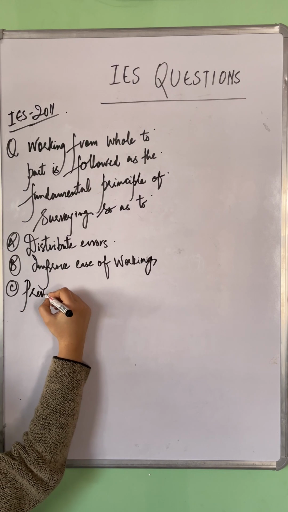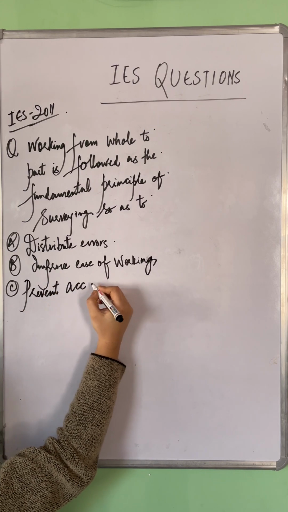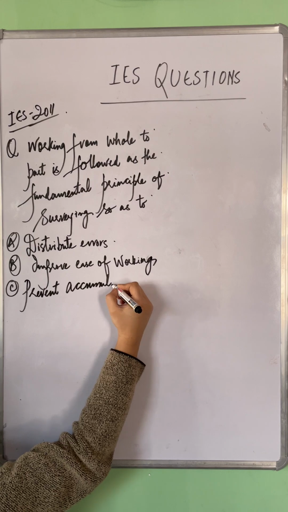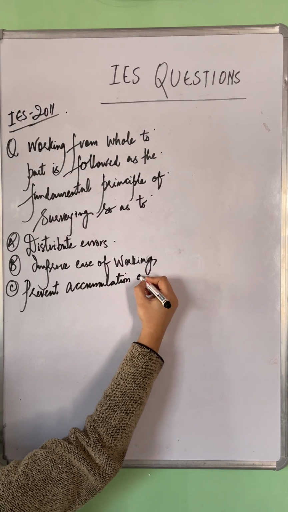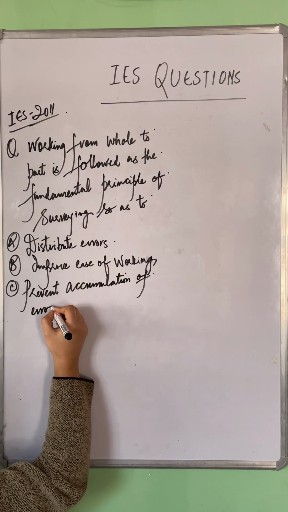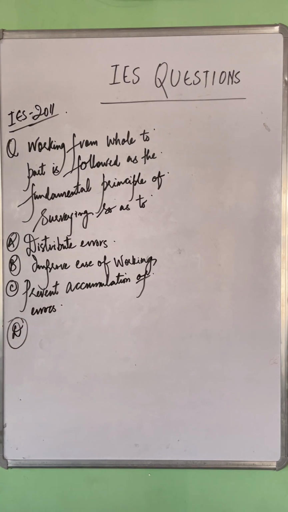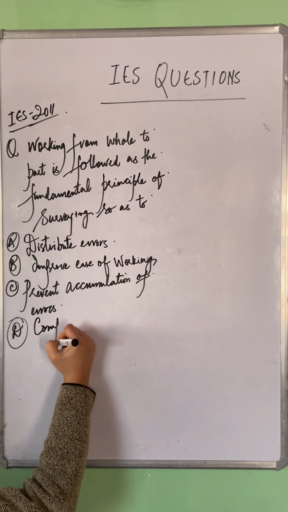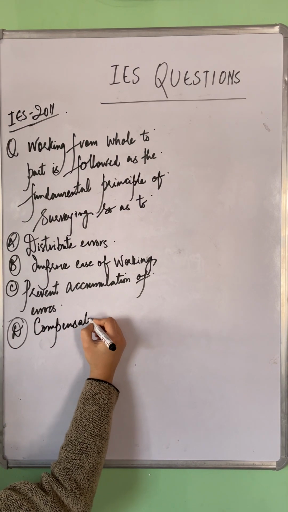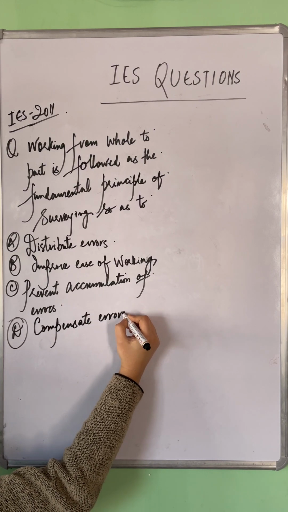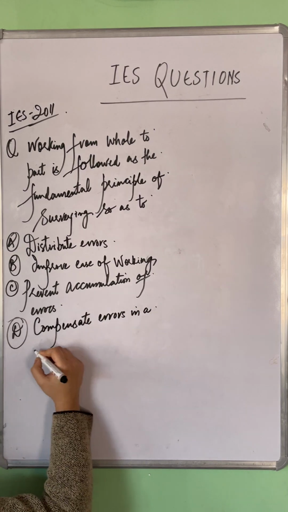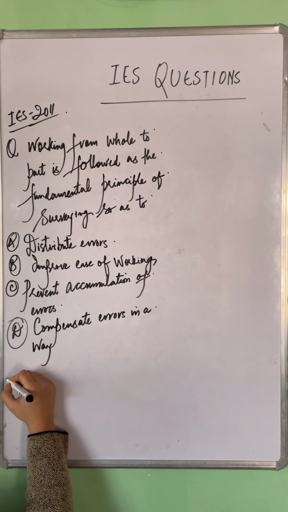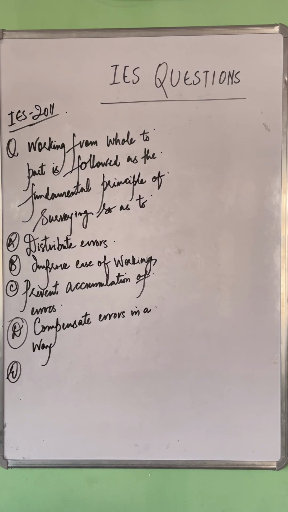D. Compensate errors in a way. And E, the fifth statement was: refer to a common datum, say MSL.